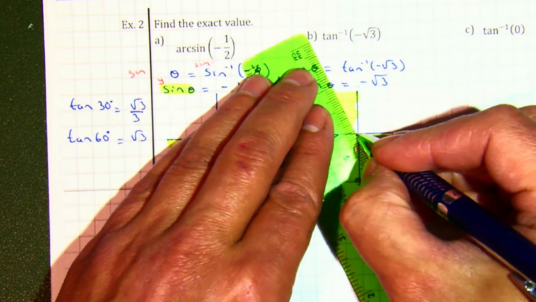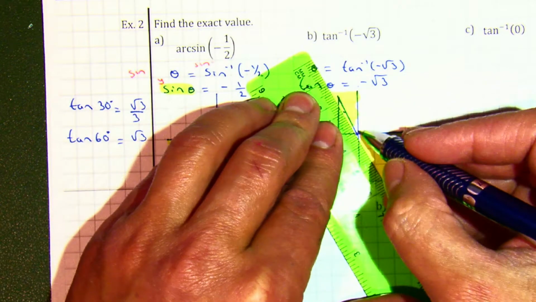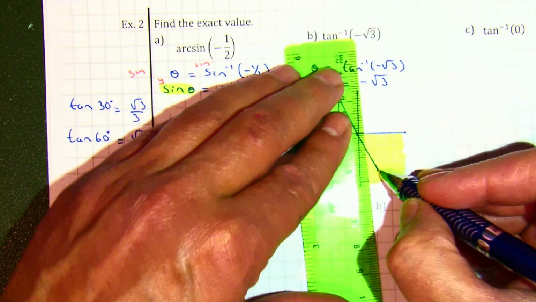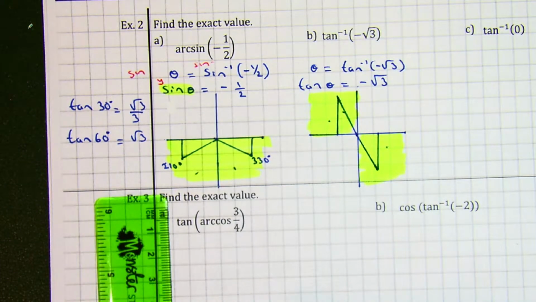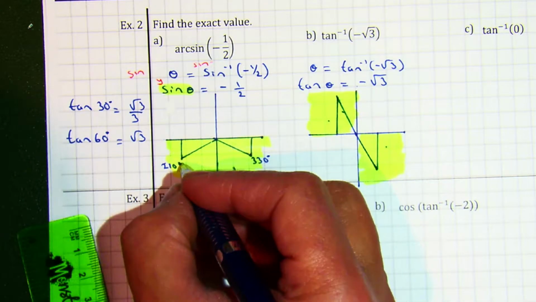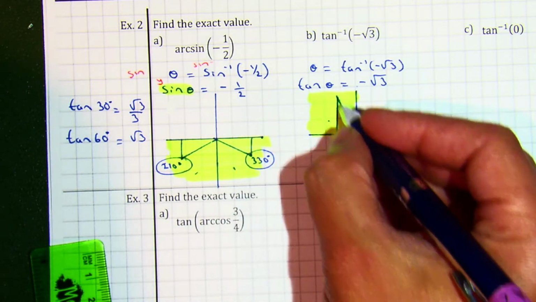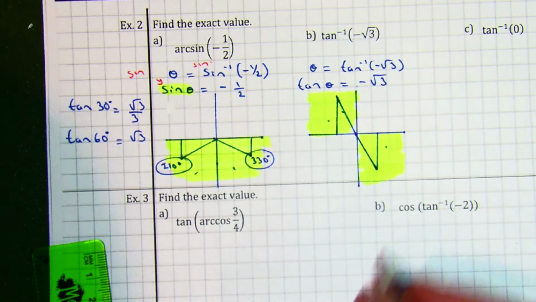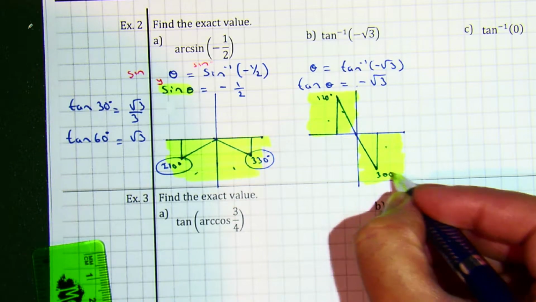So that will be up here, or down here. So therefore, that will be on either 120 degrees or 300 degrees.